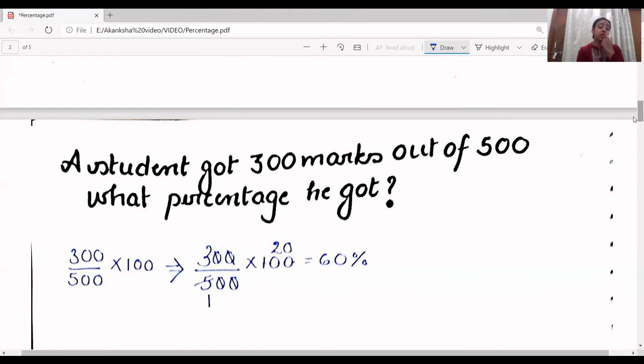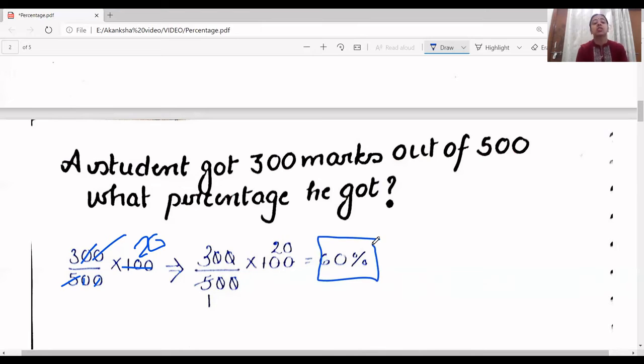So how will you find out? 300 is what you obtained upon the total marks, into 100. So the two 0s cancel from this, and 5 gets cancelled here. 5 twos are 10, and one more 0, so 3 into 2 will give me 60.